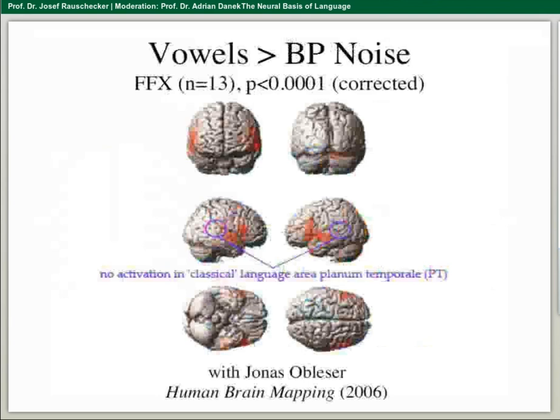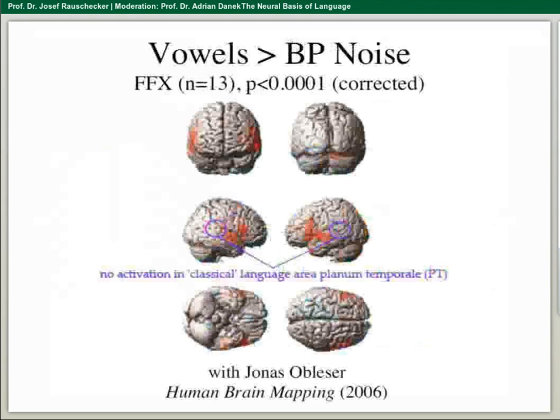And the remarkable thing about this finding, this was almost 10 years ago, people were surprised by this, because when you go back to the textbooks, Wernicke's area is in the back. If you remember, I showed you that picture, Broca's area and Wernicke's area, and all the classical textbooks say speech perception happens in the posterior superior temporal. So this was one of our problems from the very beginning with the monkey findings.